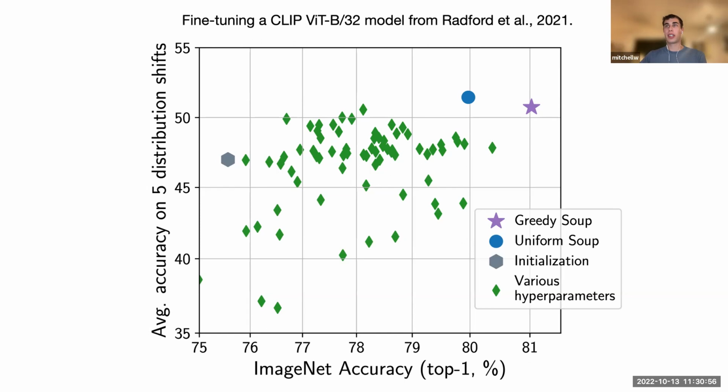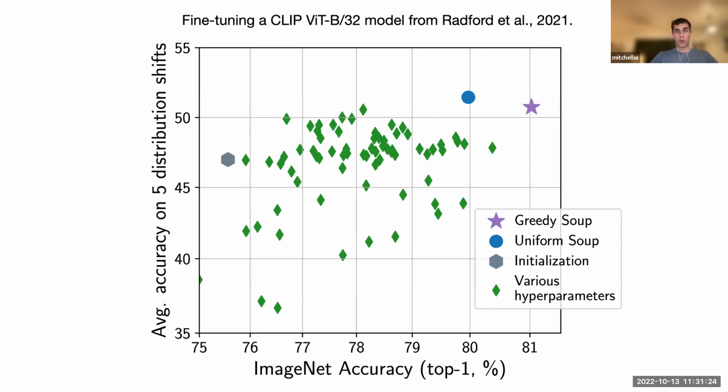And then what we're going to do is just average together all of these weights. We're going to make a uniform soup. So we put all these models and average together all their weights. And this produces the blue circle. This is okay, but it's underperforming one of the models on ImageNet. But when we go to the greedy soup procedure and have a greedy averaging of these models, we end up with the purple star.